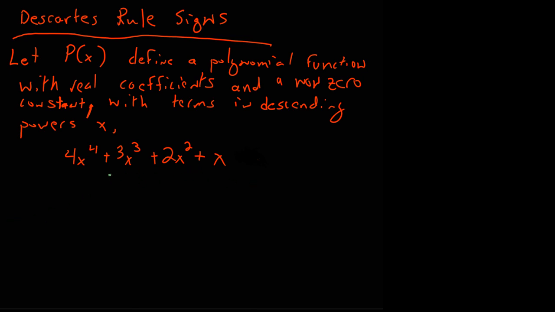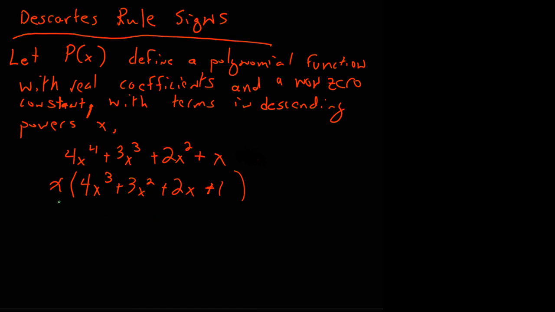This isn't going to work for Descartes' rule of signs. This has a factor of x that we can pull out, and that's going to have a root at 0. Because this is dealing with positives and negatives, this root at 0 gets in the way. So when you want to use Descartes' rule of signs, if you don't have a constant, if it is 0, factor out x.